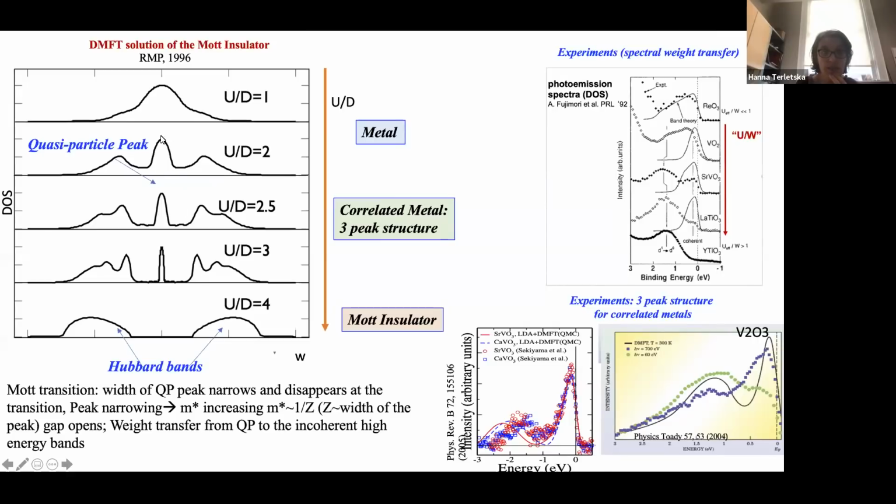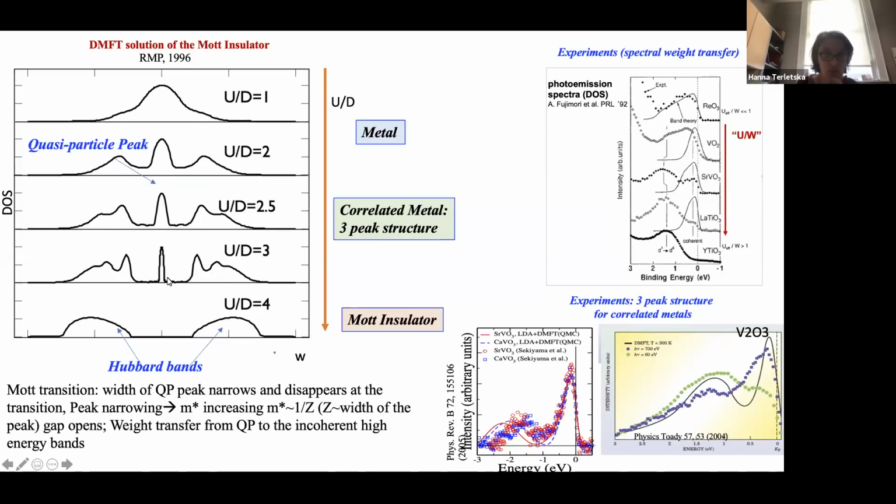At Fermi energy, we have this quasi-particle coherent peak, which becomes narrower and narrower as we increase interaction U. At the same time, the weight from this quasi-particle peak is transferred to the incoherent lower and upper Hubbard bands.